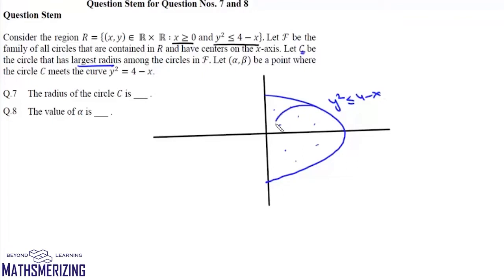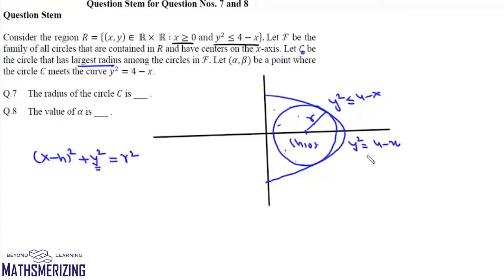So let that circle be this circle C with center at h comma 0 and radius equals r. Now the equation of this circle will be x minus h whole square plus y square, and it will be equal to r square. Now we'll find the point of intersection of this circle with this parabola, which is y square equals 4 minus x, to establish this condition of tangency.